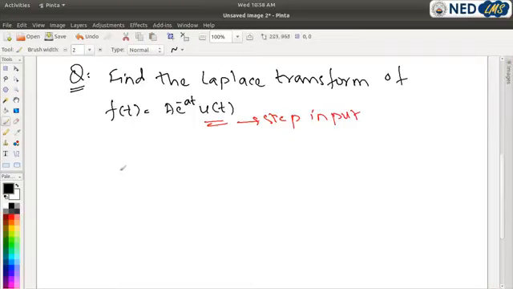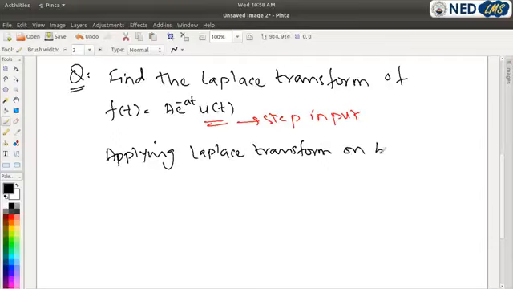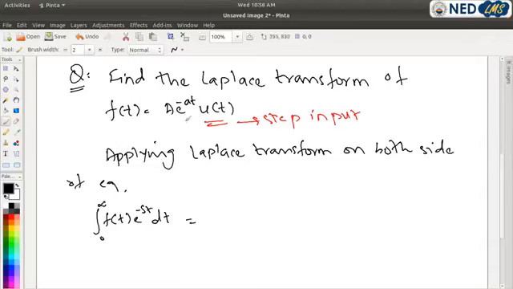So applying the Laplace transform integral on both sides of the equation, this will become the integral from 0 to infinity of f of t e to the minus st dt equals the integral from 0 to infinity of e to the minus at e to the minus st dt.